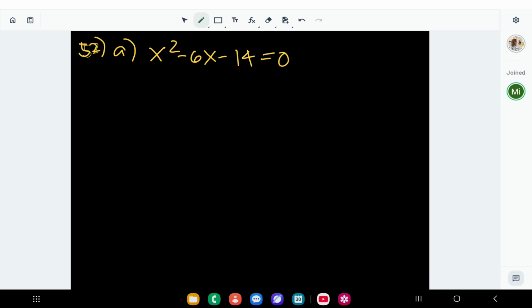So you factor this. You look for factors of 14 that when you multiply them, it would equal negative 14, and when you add them up, it would equal negative 6.